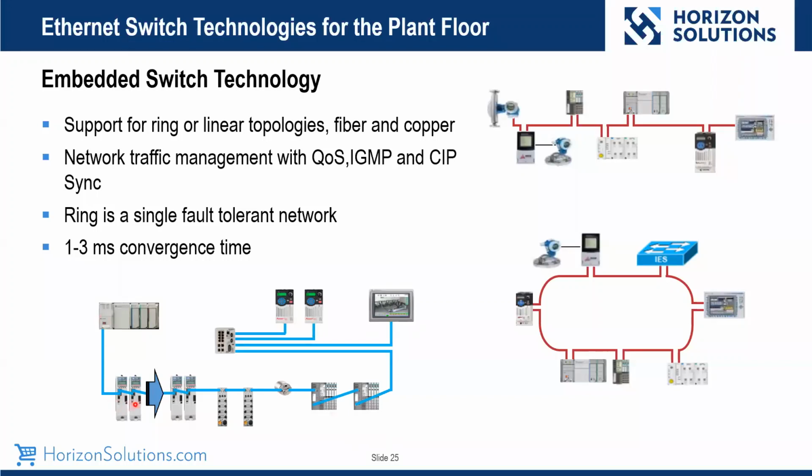We could have 32 axes of motion with a course update of 1 millisecond, and then we could have some other devices. This is all CIP Sync, or our IEEE 1588 sensitive information that we put on the wire. And then we can go to a switch at the end, and then we can go to things like our HMI, our drives, other ancillary devices. This hybrid topology is very robust. I really like that topology.